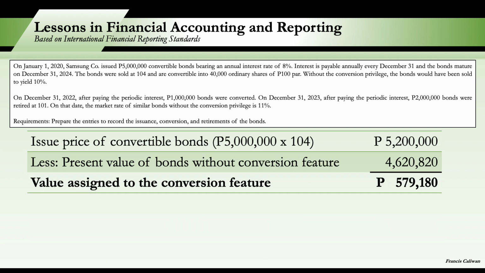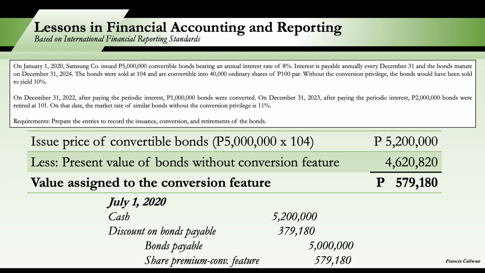So our entry for the issuance of the convertible bonds is debit to cash 5,200,000. That's our issue price. Another debit to discount on bonds payable because the bonds were issued below the par value, since the present value of the bonds without the conversion feature is less than 5 million, only 4,620,820.